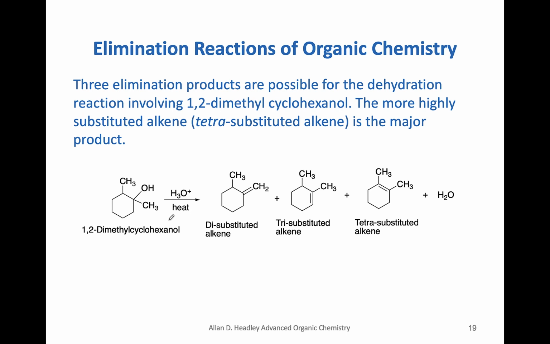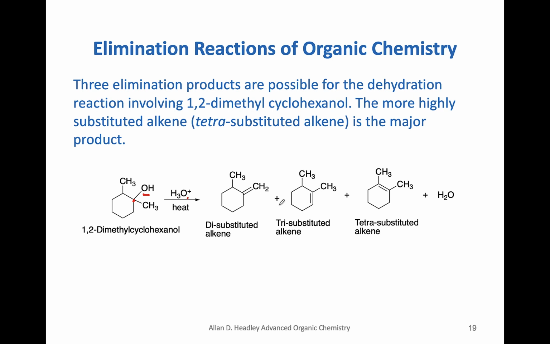Let's look at another example, slightly different. Here's a carbon with the leaving group, a poor leaving group, but in the presence of an acid, it's converted to a good leaving group. So we have the possibility here of additional products. A double bond here, a double bond here, and a double bond here, as we've seen.